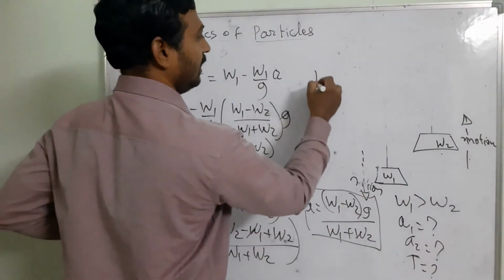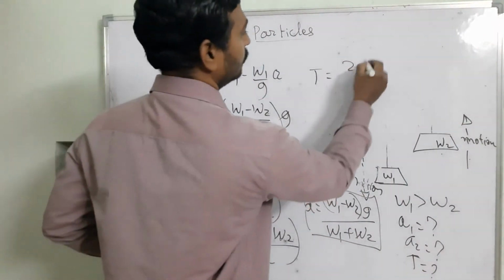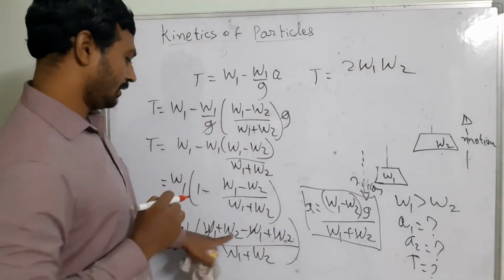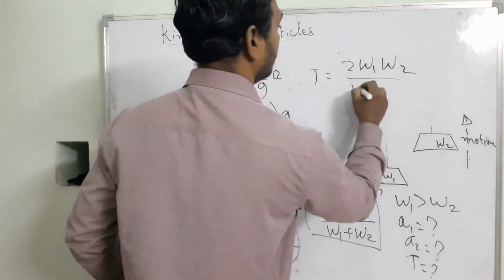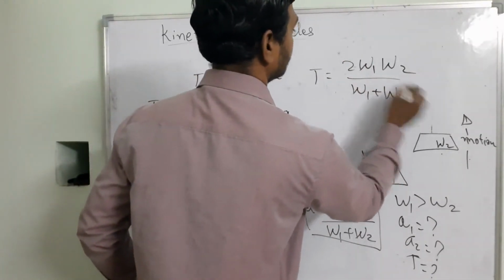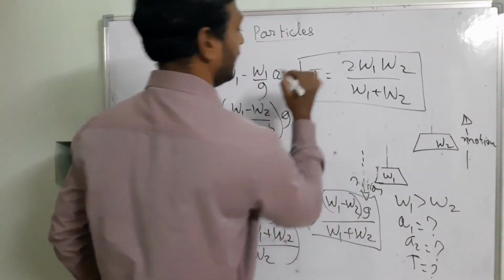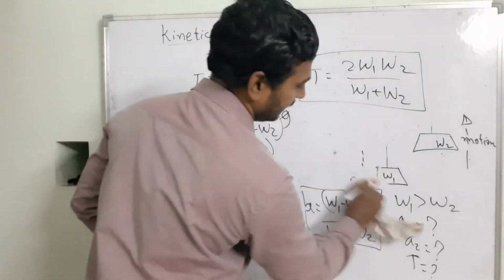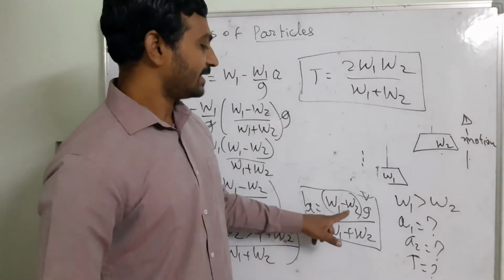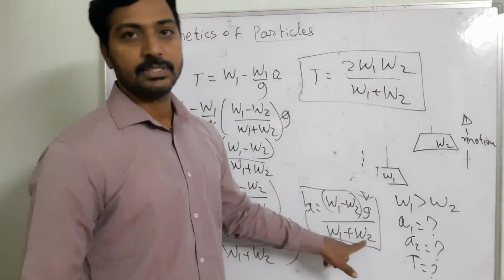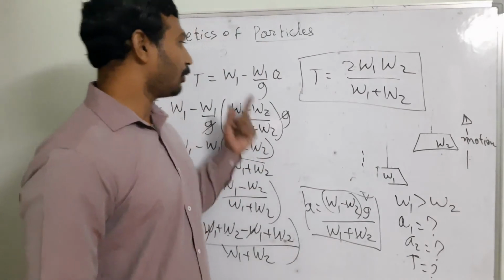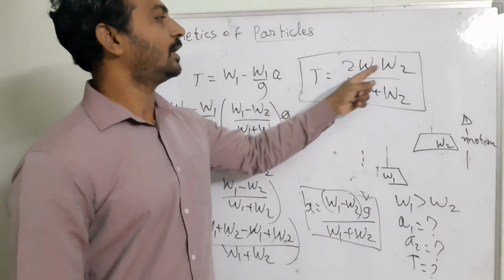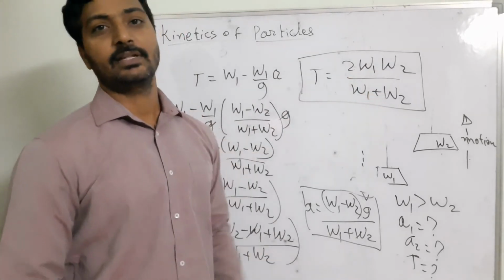So that's going to be T is equal to 2 W1 W2 divided by W1 plus W2. This way we calculate the tension in the string, and acceleration is equal to (W1 minus W2) into Z by (W1 plus W2). And the same I am substituting in equation 1. I got T is equal to 2 W1 W2 by W1 plus W2.